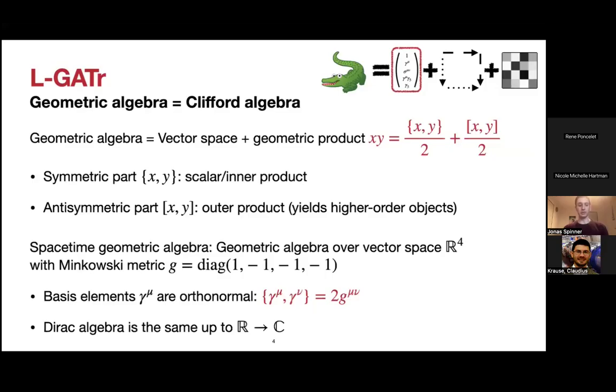We will talk specifically about a space-time geometric algebra. This is the specific example of the real 4-dimensional vector space with the Minkowski metric. The basis elements of this vector space have to be orthonormal. They're defined by this orthonormality relation, here this anticommutator in red.